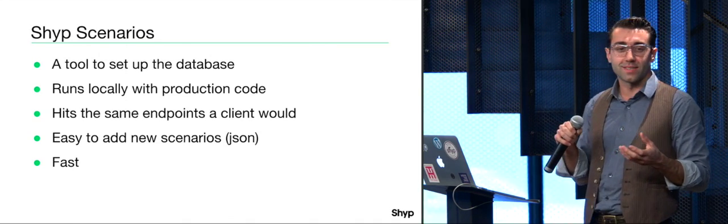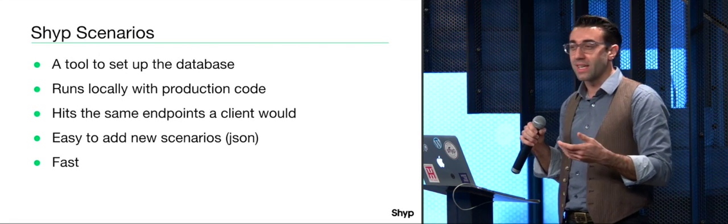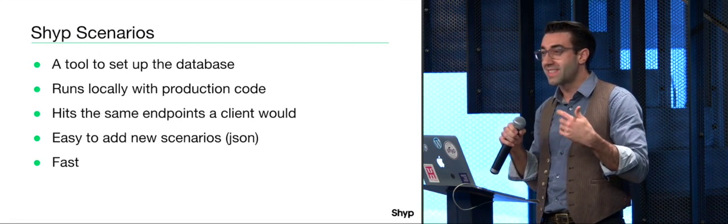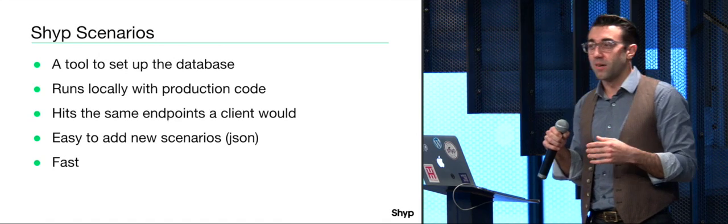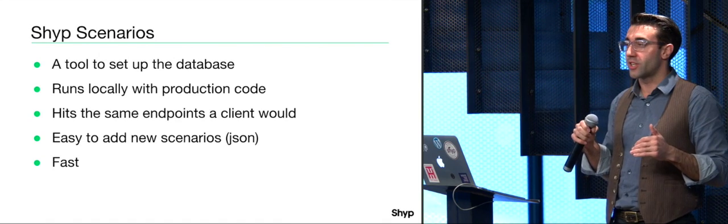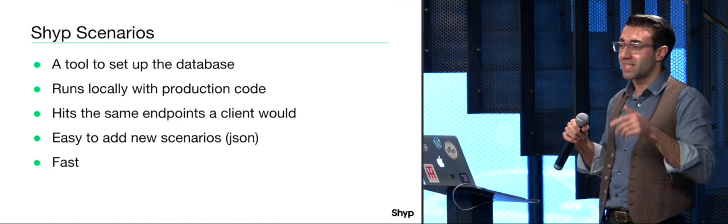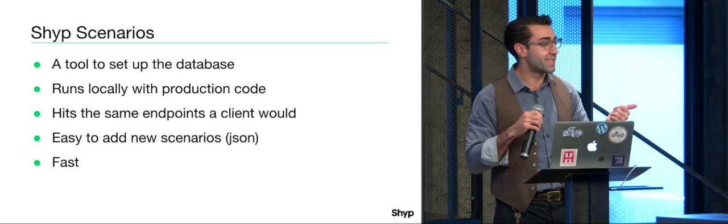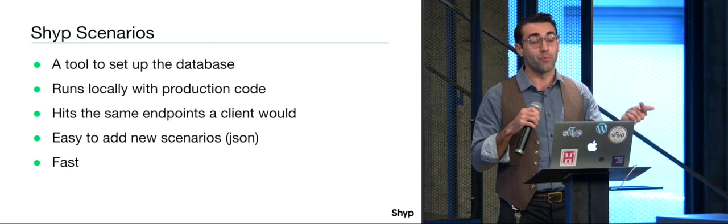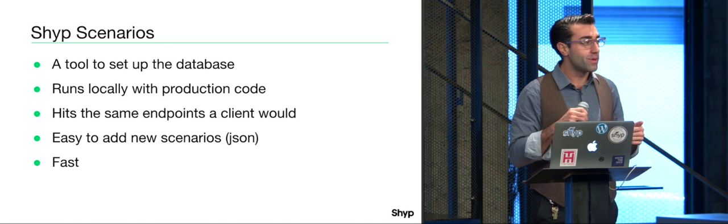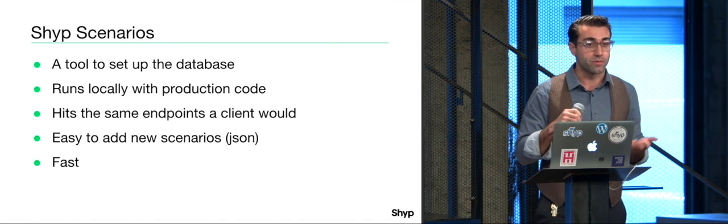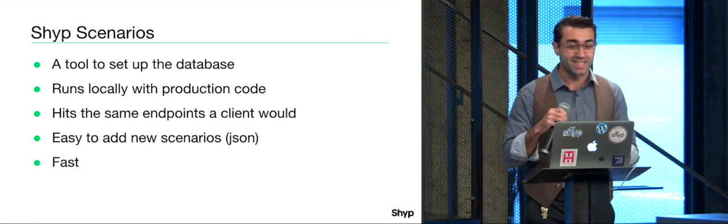And the other thing is that it's really, really easy, I'll show you in just a moment, to set up new scenarios. We just have a quick JSON structure that we use to specify what endpoint this is going to hit and with what data. And we also wanted it to be fast, which is one of the reasons why Go is such a good candidate for this.